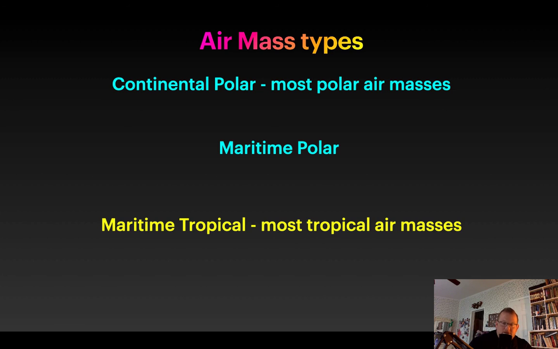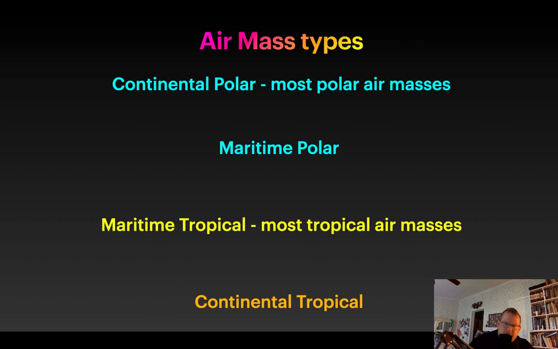It's going to be higher because it forms over the ocean. What's the temperature going to be like? Okay, because it's tropical, it's going to be warmer. So, you're talking 60s, 70s, 80s tropical air mass. That's most tropical air masses, maritime tropical. So there's a lot of moisture and warm temperatures.